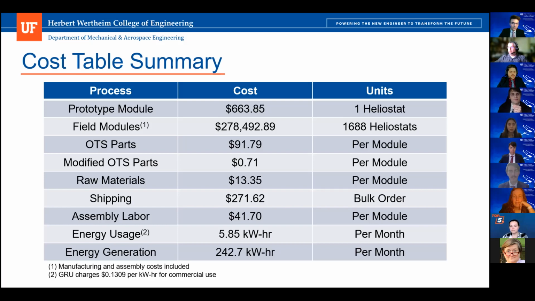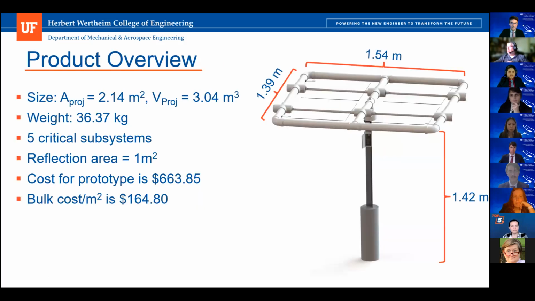Yeah, that number was mentioned in the product overview. If you want to go to slide 5, Alex. Yep. But the lowest we were able to drive the cost down was $164.80 per meter squared, and I think that includes materials, manufacturing, assembly labor, shipping, and the energy consumption to make the module.